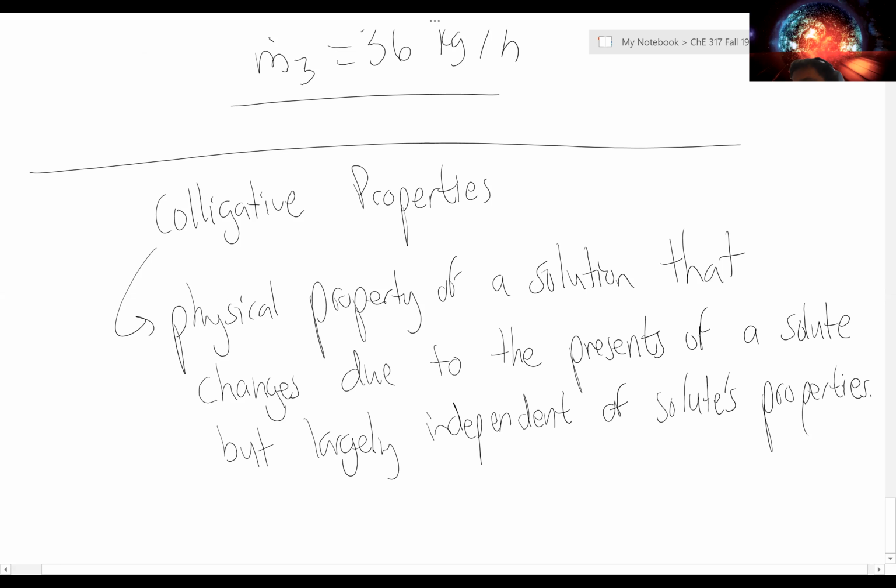Which means that the solvent and solution properties are changing because there's a solute present, not necessarily because of what the solute is.